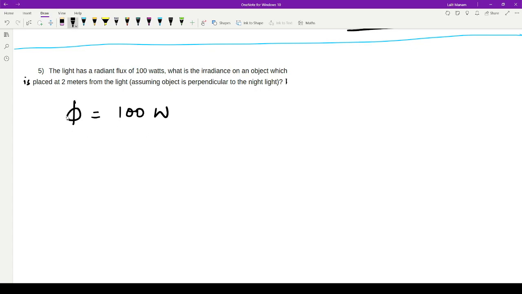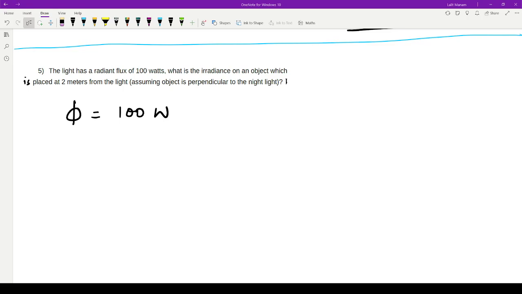What is irradiance then? d phi by dA, the amount of radiant flux incident on an area. The 100 watts flux is divided by the area. Someone was saying can you repeat?